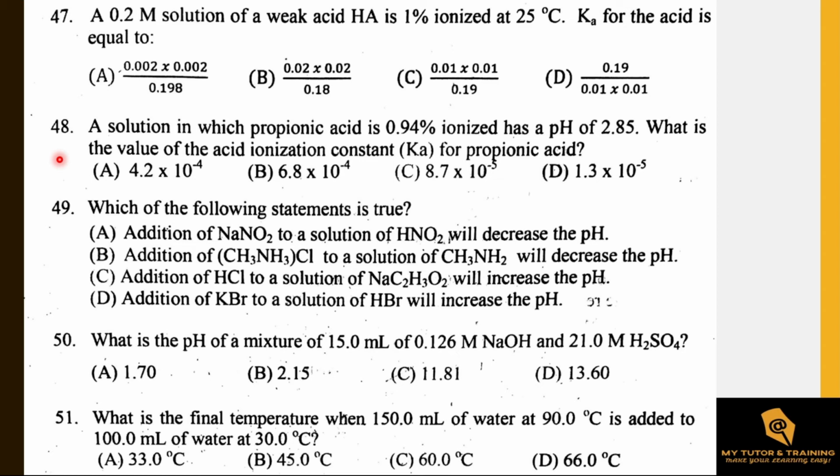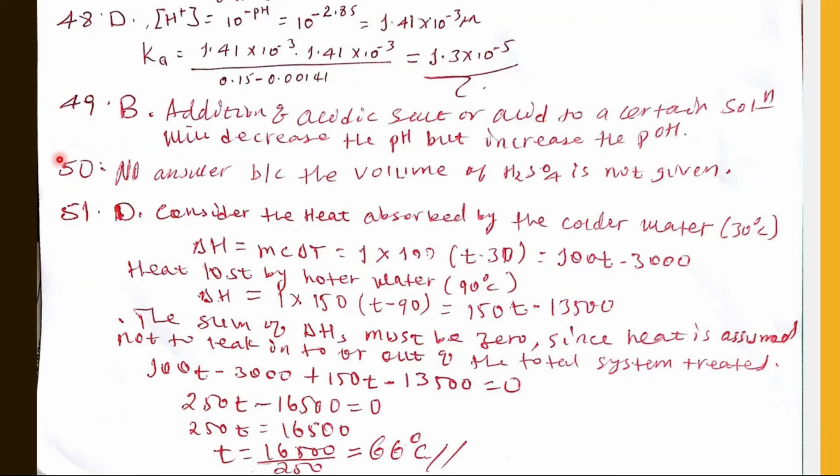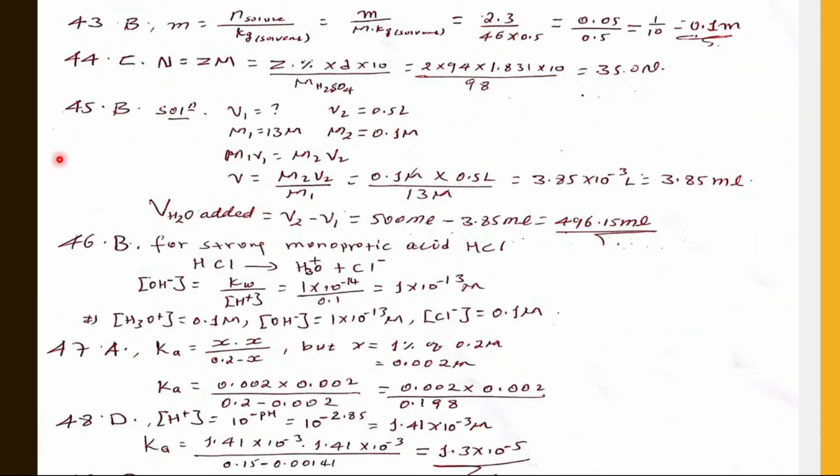It ionizes partially. And here you have a solution. Ka, or acid dissociation constant, is equal to x times x over 0.2 minus x. But what is the value of x? It is 1% of 0.2.